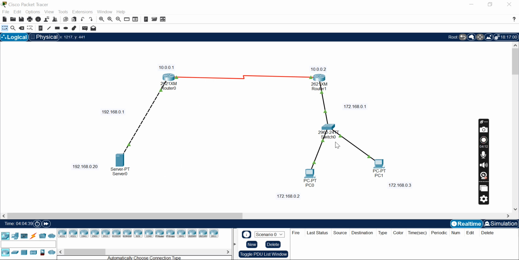So in my diagram, there are two networks. I'm going to block the computer with IP address 172.168.0.2, and this computer will never be able to communicate with any outbound network devices, because my server is located in the outbound network area, so it is not possible to communicate if I build a successful ACL.